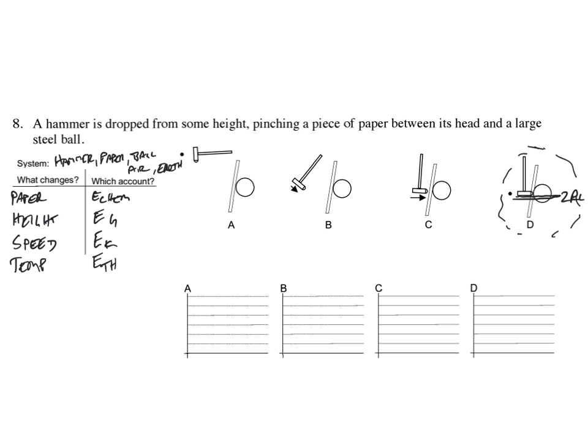Okay, so I'm going to go ahead and get my bar graphs ready. E-chem, E-G, E-K, E-therm. Okay, and now we'll go ahead and start copying these things. Try not to erase it this time.